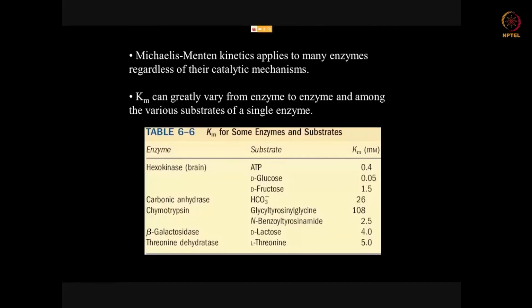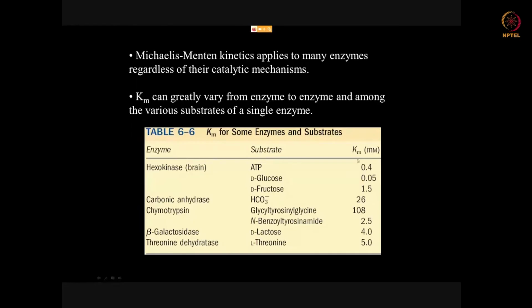Km can vary greatly from enzyme to enzyme and among various substrates for a single enzyme. Suppose a given enzyme has some flexibility in substrate specificity and can work on 2 or 3 different substrates. From one substrate to another substrate, Km can vary.